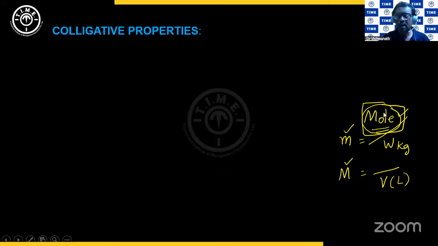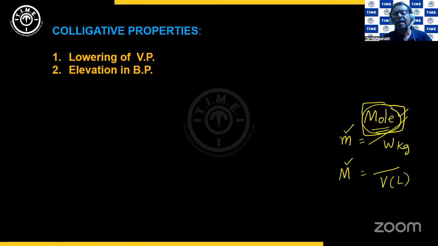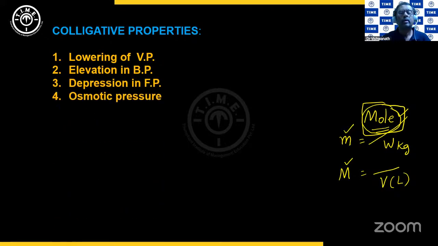Now, what are the colligative properties that we have? We have a lowering of vapor pressure when a non-volatile solute is added to a solvent, an elevation in boiling point, a depression in freezing point, and osmotic pressure. These are the 4 colligative properties, all dependent on the number of solute particles.